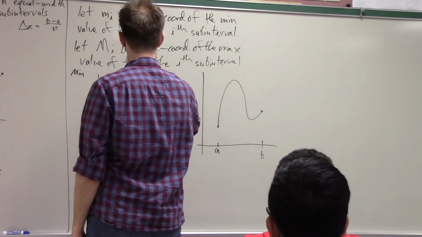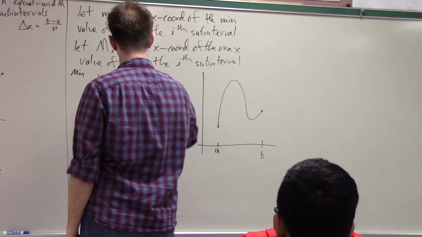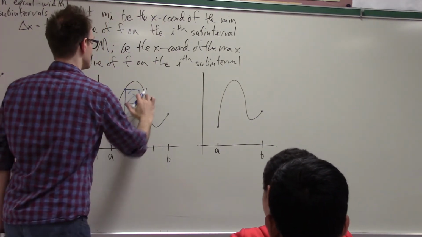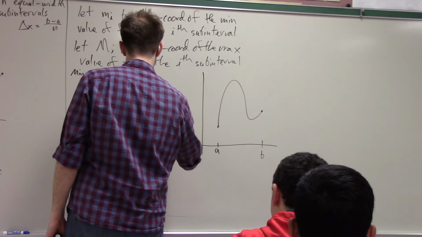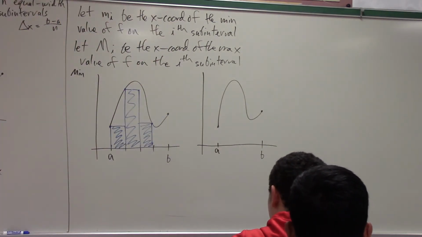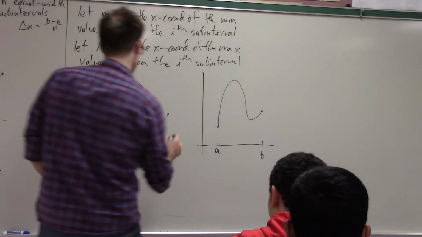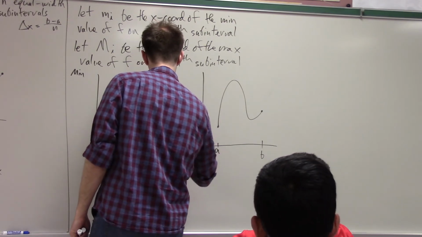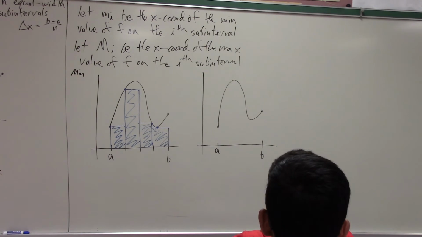I guess it's the left. Okay, now what should I use? The right. Cheating a little bit for clarity. And then on that fourth subinterval, what point should I use? That relative minimum, yeah. So in each subinterval, I chose the smallest rectangle possible.